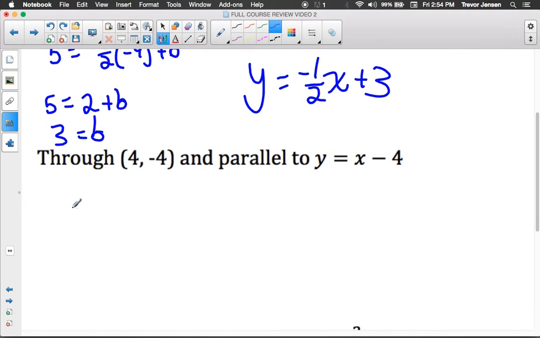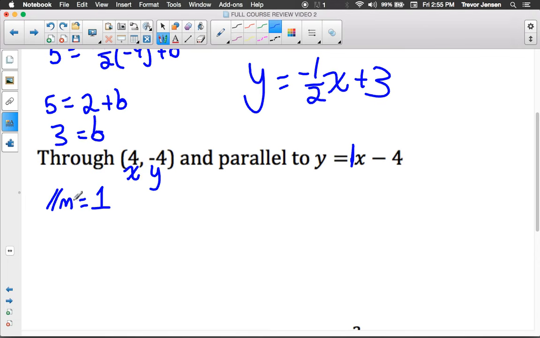How about here? What if I give you a point and I tell you it's parallel to this line? Well, we know parallel lines have equivalent slopes, and the slope of this line, the number in front of the x, is a 1. So I have a parallel slope is 1. Those two lines are parallel. That's a symbol for parallel. Parallel slope is 1. And I have a point on the line, x and y.